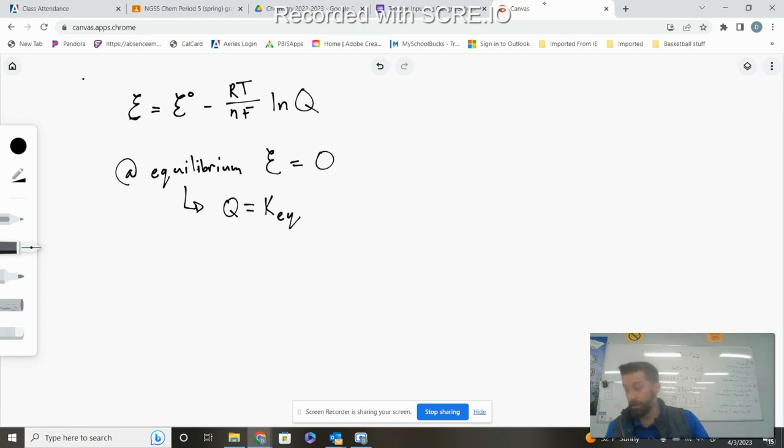So when we plug that in, the 0 in for our voltage and KEQ in for Q, we get that 0 equals our standard cell potential minus RT over NF ln of KEQ.